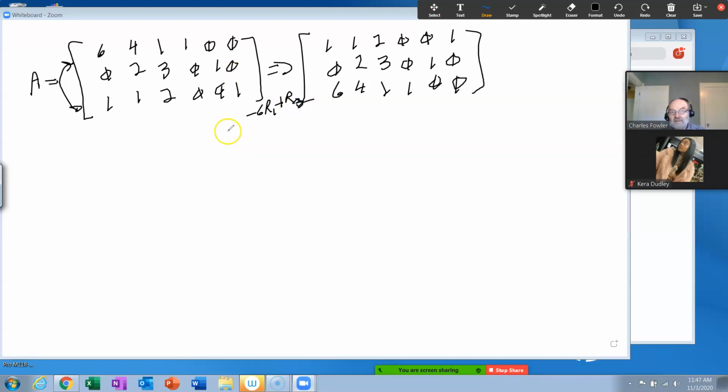I wish I had room for it. I don't think I will, so let me go down here. That will be 1, 1, 2, 0, 0, 1, then 0, 2, 3, 0, 1, 0.